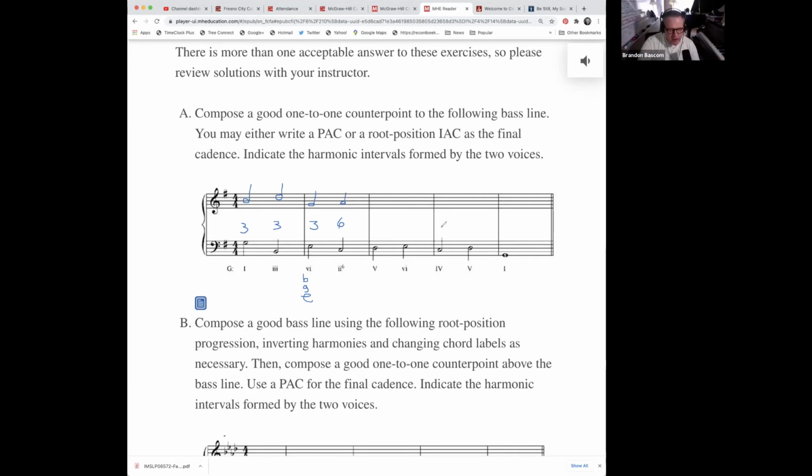We can't go to the A here, or we would be repeating the same pitch across the bar line, so we have to go to the leading tone. And after that, we would have to go to the G again. We have to resolve it. Good.